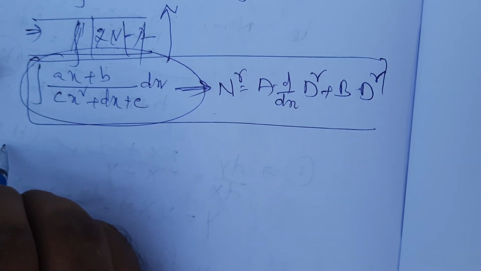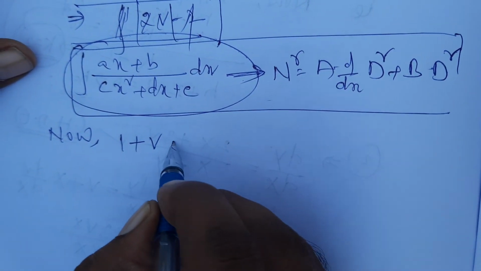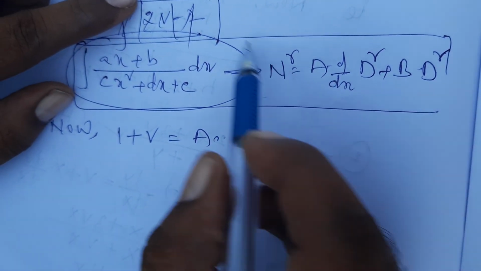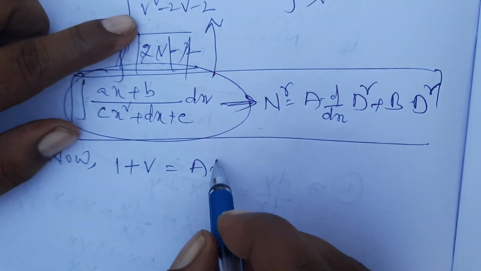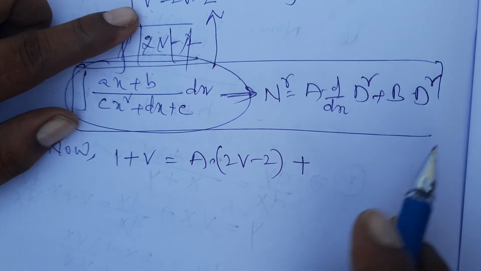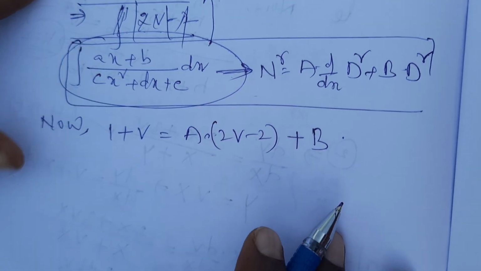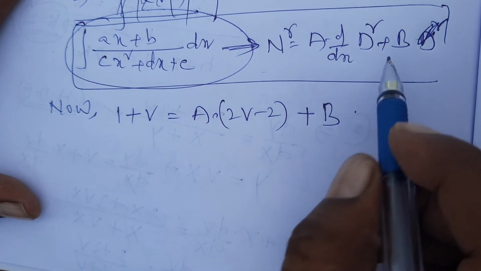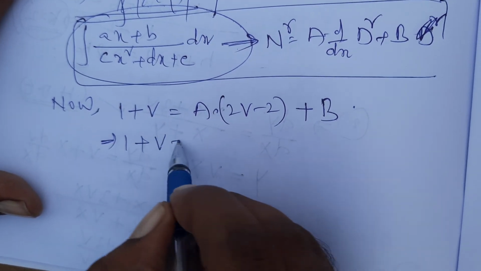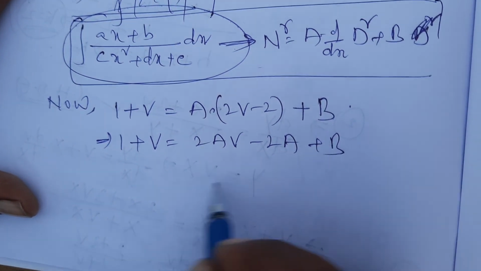This is the model. Now the numerator 1 + v equals capital A into d/dv, since v is the variable now, of the denominator, which is 2v minus 2, plus b, the constant value, capital B. Now by comparing, 1 + v = 2av minus 2a + b.